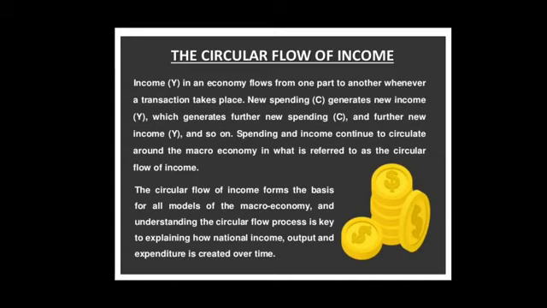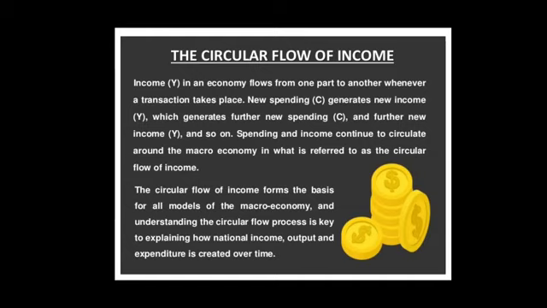For rendering their factor services, the households get factor payments from the producers in terms of rent for land, wages for labor, interest for capital, and profit for entrepreneur. And this is the second phase of circular flow.